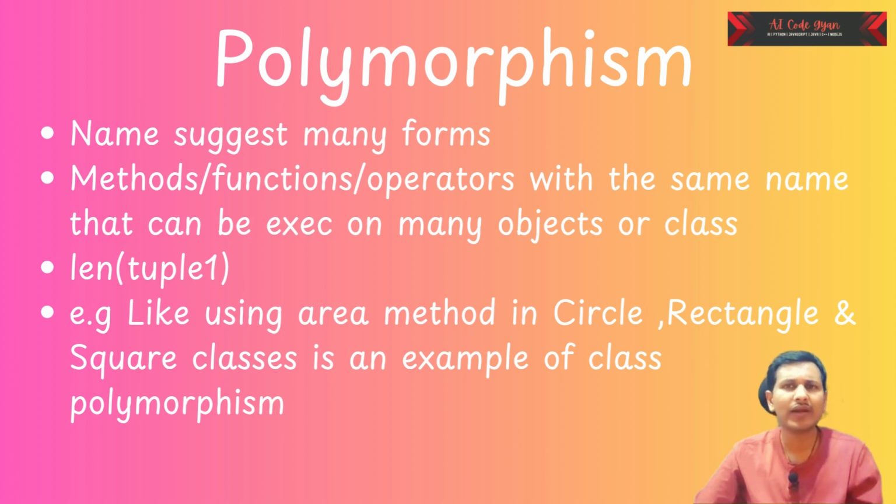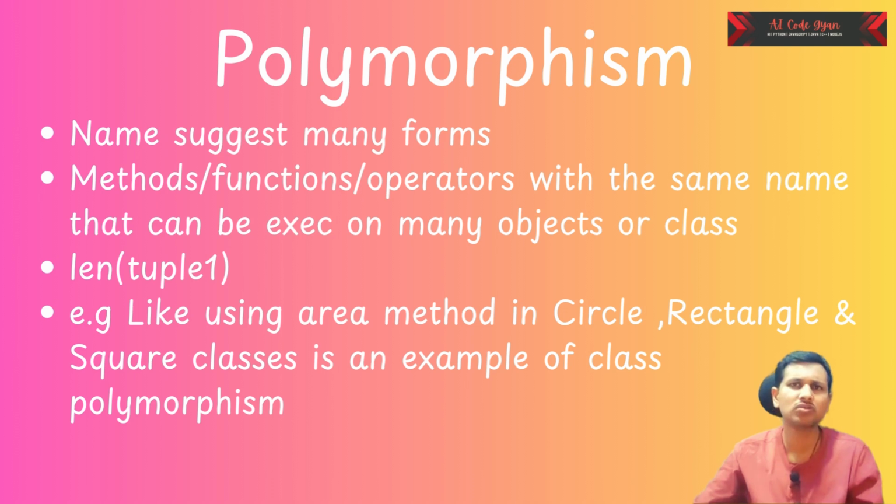When we talk about examples, as we talked before about inheritance, similarly we can have polymorphism. We can have a shape class and inherited classes.